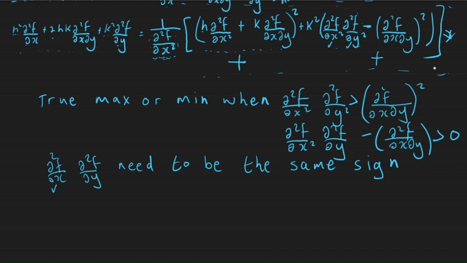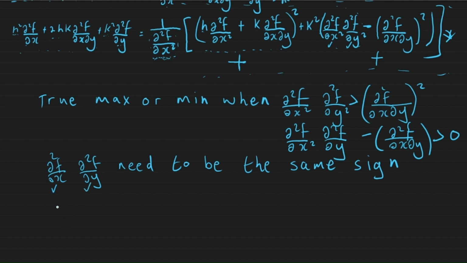And if it's a negative number, it's a maximum. What we have reduced this to is the first derivative, the second derivative with respect to x. Since it has to be the same sign as y, it's the same for both of them. Both of them would be either positive or negative.